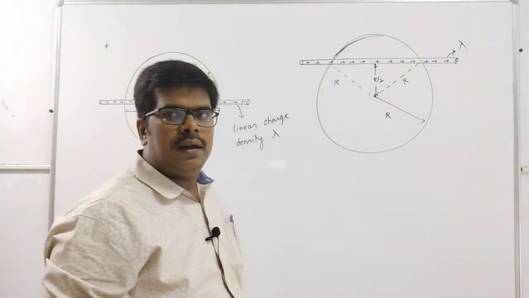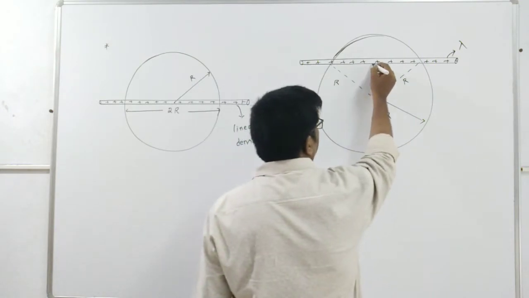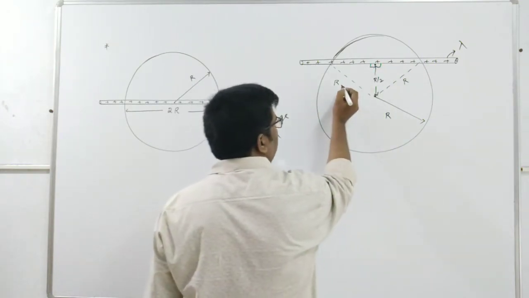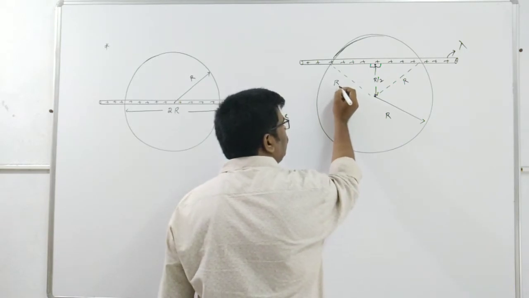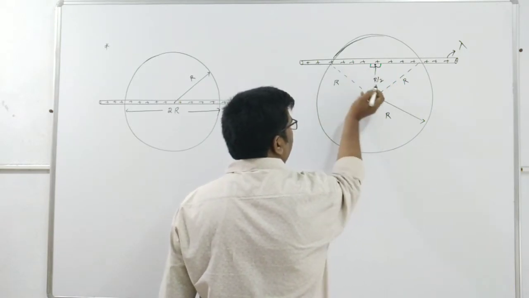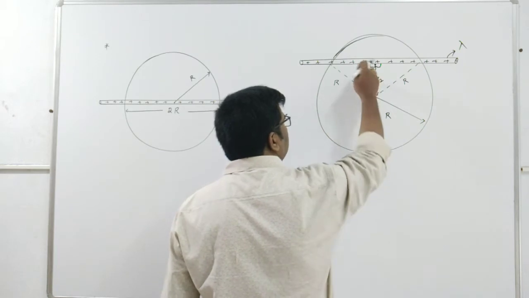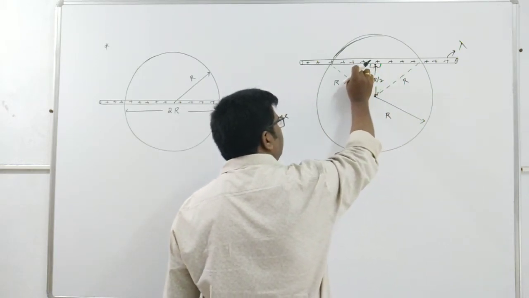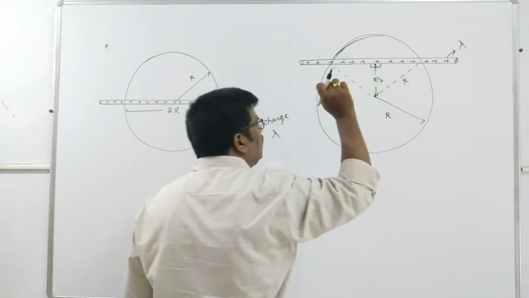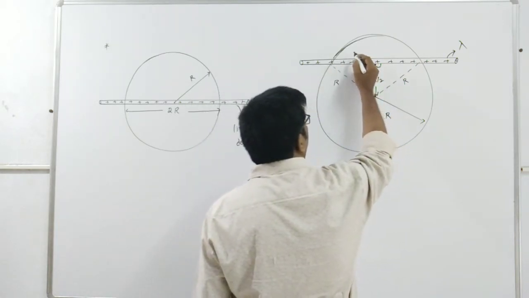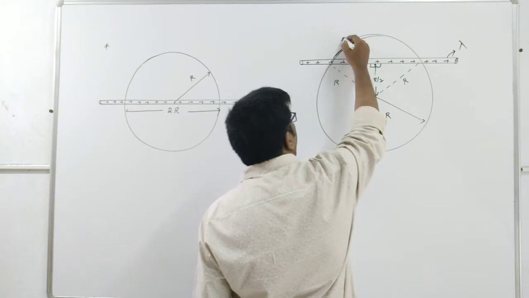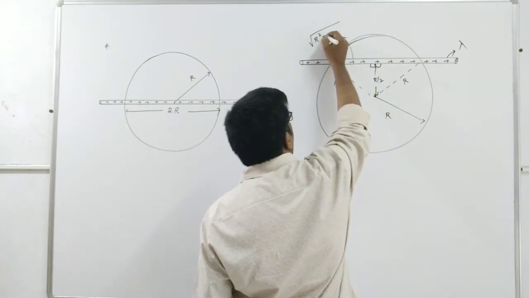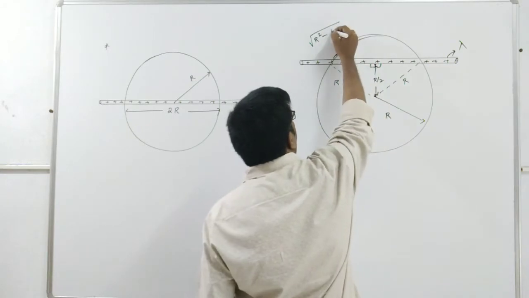Then these are right angle triangles, you can understand that. There is a hypotenuse, an opposite side, and an adjacent side. This side can be found by taking the square root of r square minus r square by 4.